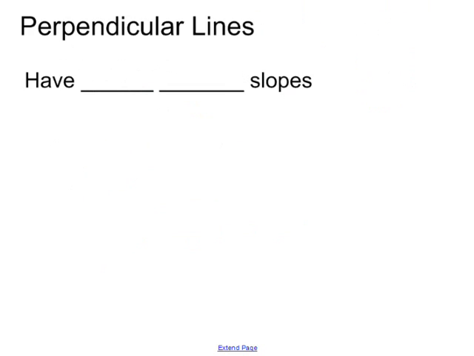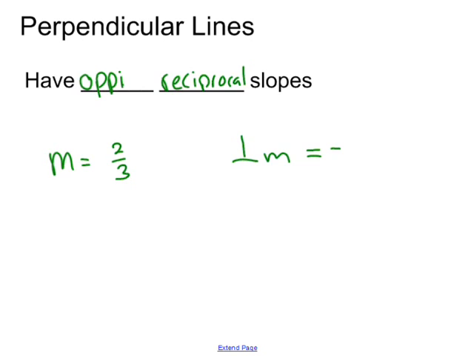All right, let's do one perpendicular. Perpendicular lines have opposite reciprocal slopes. So if my slope is 2/3, then my perpendicular slope will now be negative, because that was a positive, and then you flip it, -3/2.